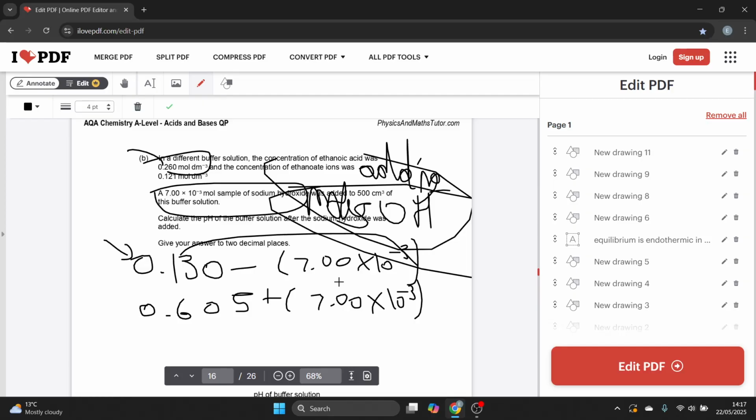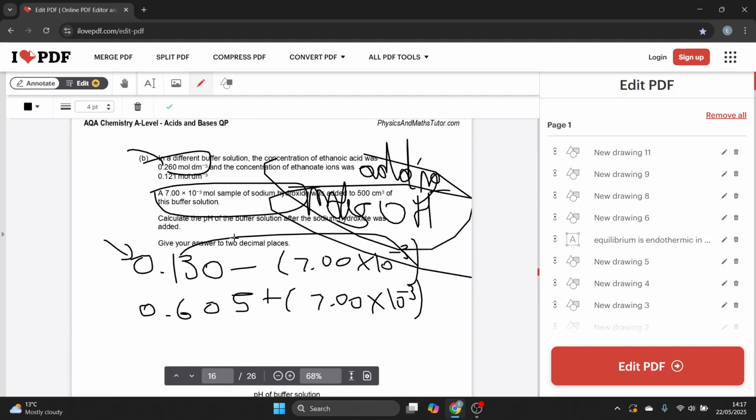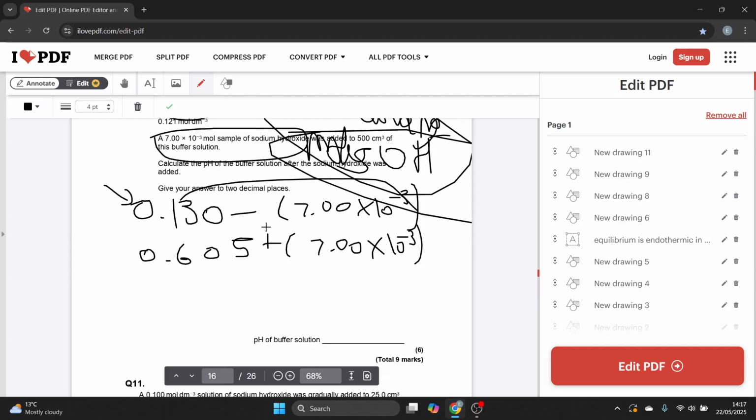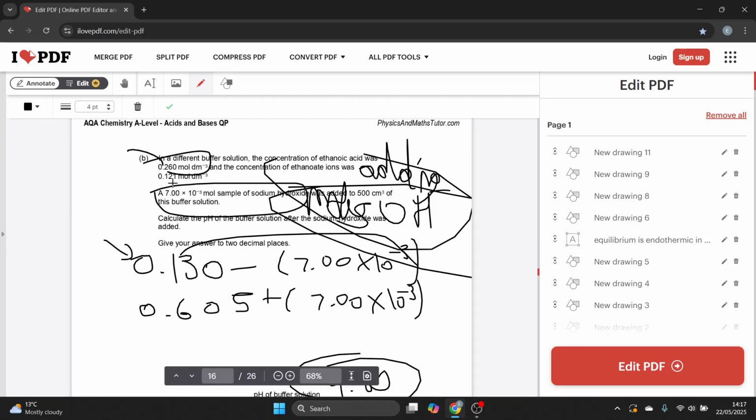And then all I do now is rearrange the Ka expression to find out H plus and substitute values in. 4.50. The difficult part, guys, is this first part. I'm adding hydroxide ions, so it's going to react with the acid, so I'm subtracting the hydroxide ions.